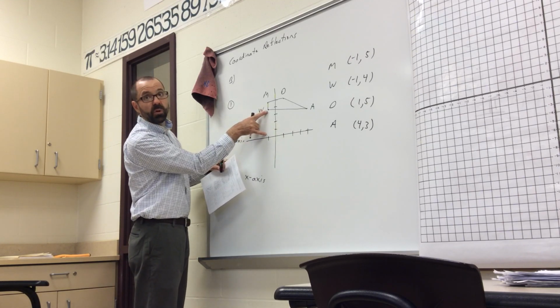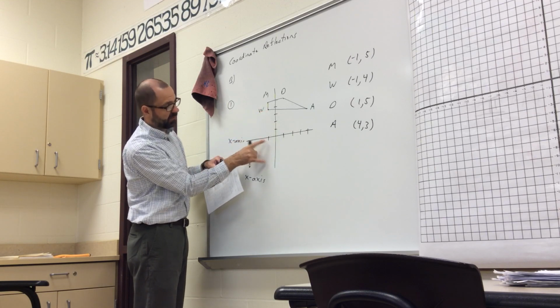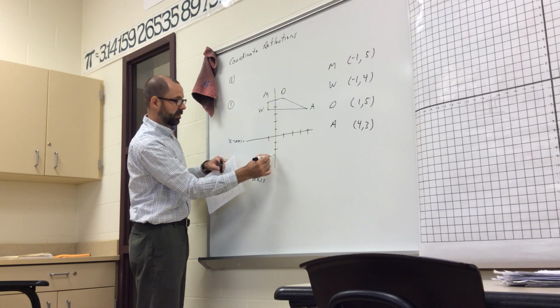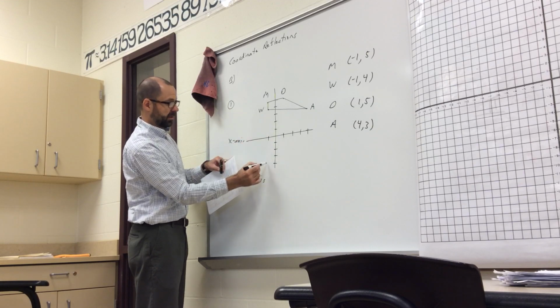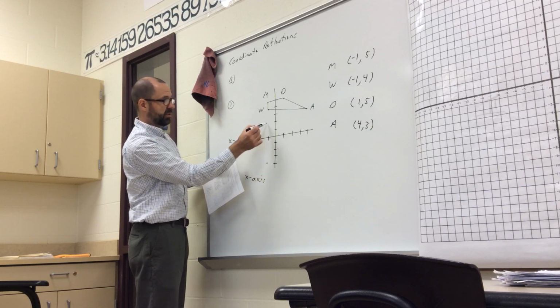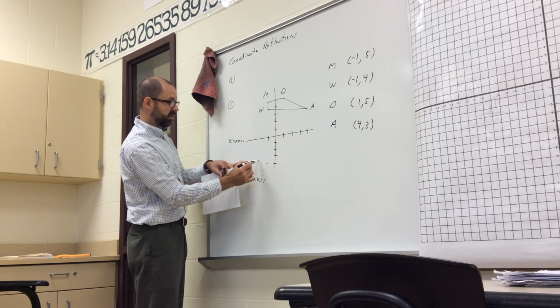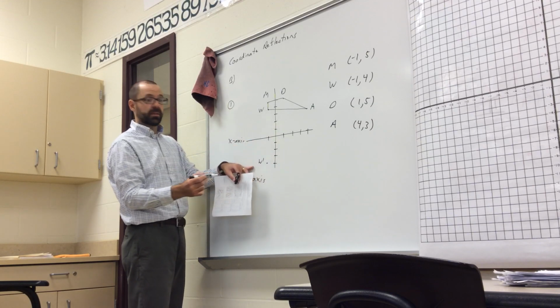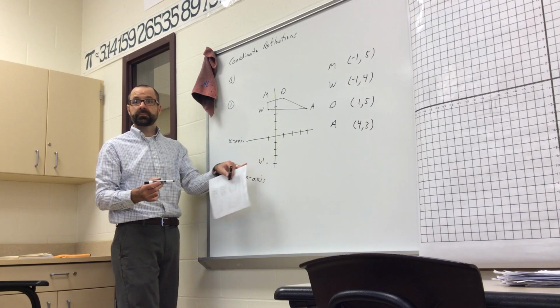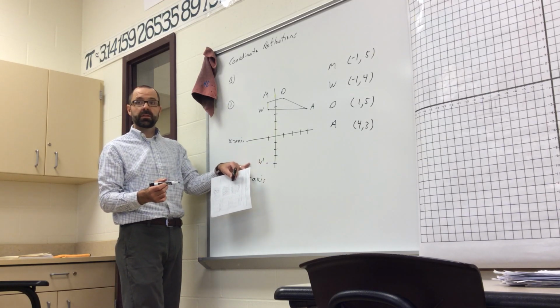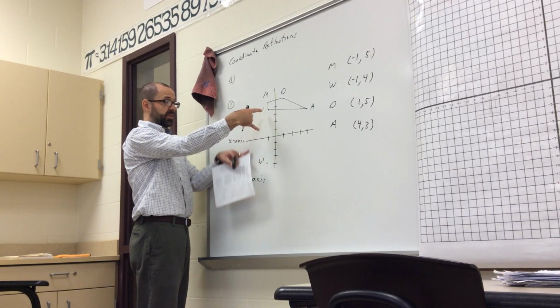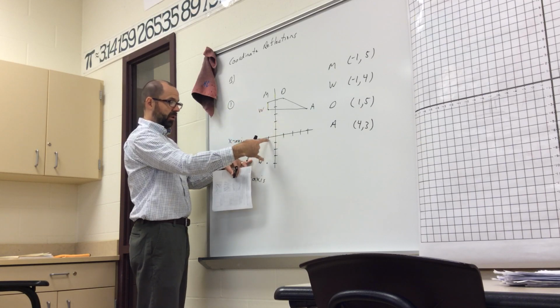So since that's 4 away, this needs to be 4 away. So counting 1, 2, 3, 4. So that's W prime down there, the new W. X-axis has to be in the middle, so 4, 4.